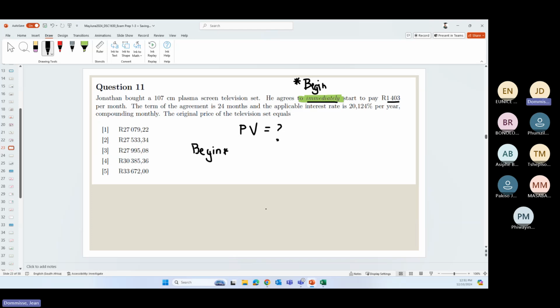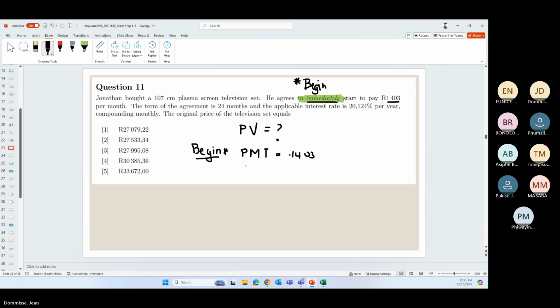This one we're going to do on Excel as well, because I want to show you where you can change the begin function in Excel. It's built into the formula, so that's actually quite cool. Then we've got a PMT of 1403.